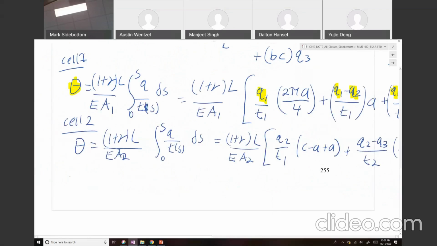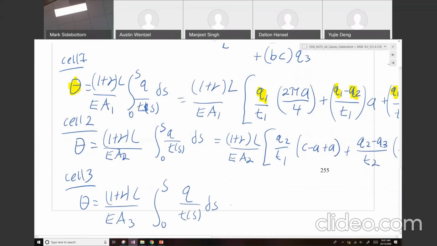All right, and the last one would be for cell 3. So for cell 3, we would get theta equal to 1 plus V L over E A3, integrate from 0 to S, Q of T of S ds. The 1 plus Poisson's ratio L E over A3 is a constant still.